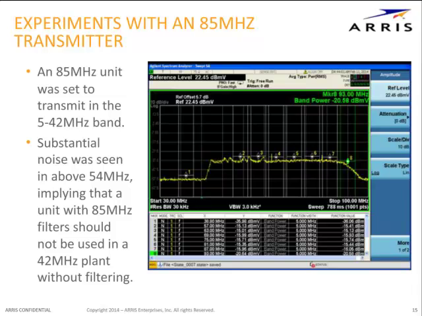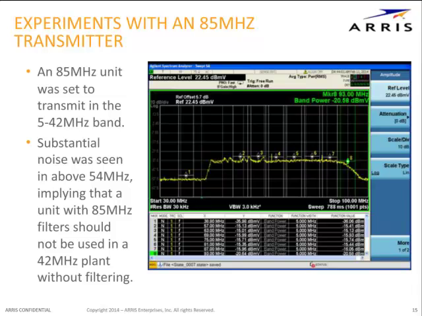So if you put this unit into a plant and you still have cable channels going all the way down to 54 megahertz, then when the modem transmits, this low-grade noise will pick up the noise floor and could lead to macroblocking and pixelization. If you're still running analog down there, it could lead to a snowy picture.